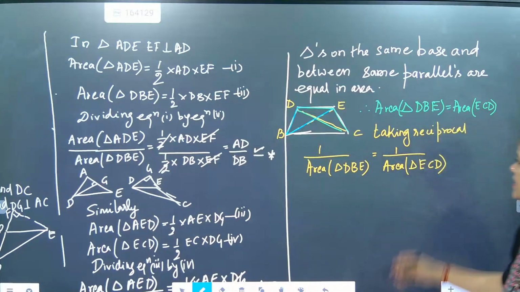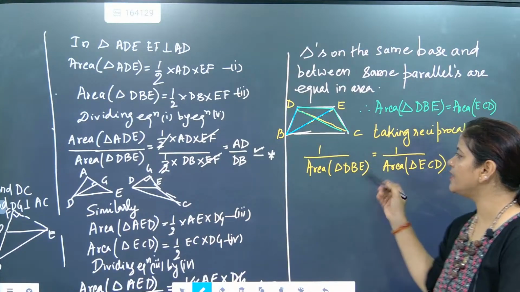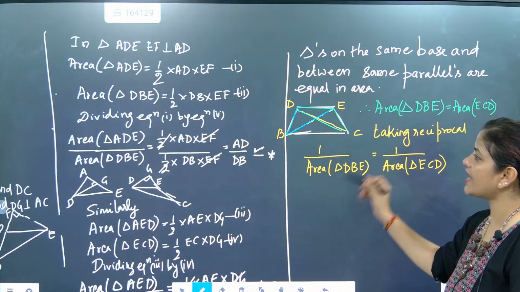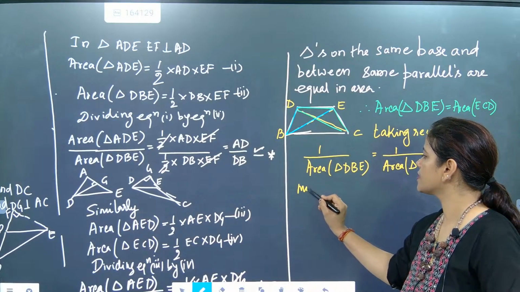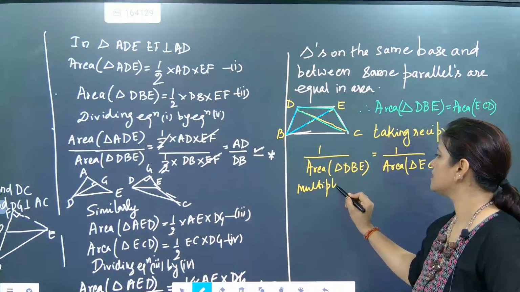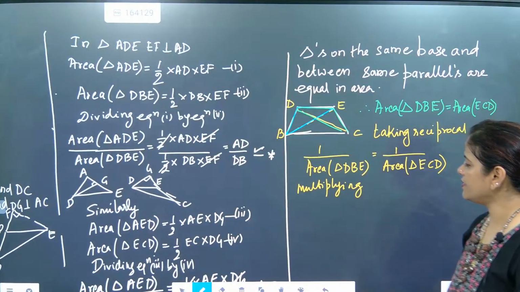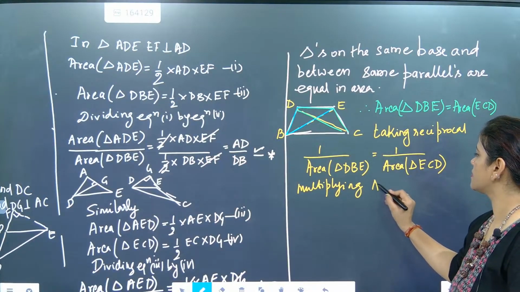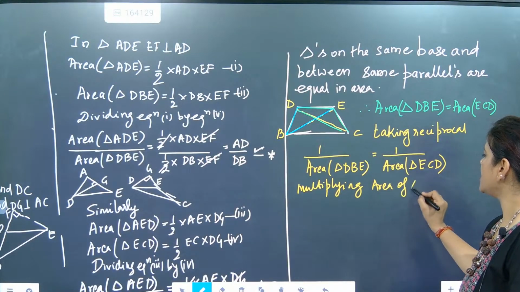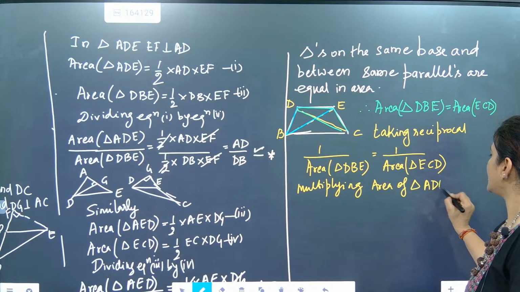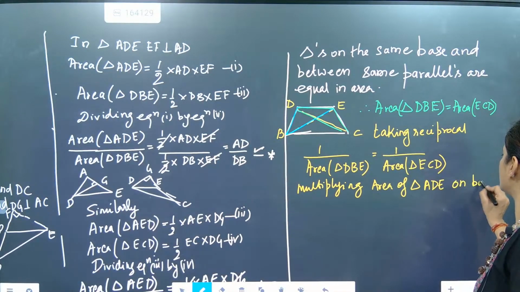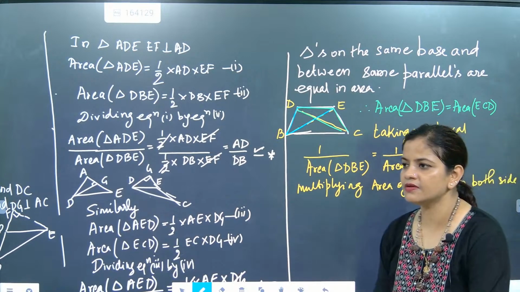Area of triangle DBE, ECD. Now, beta, we can multiply both sides by area of triangle ADE.